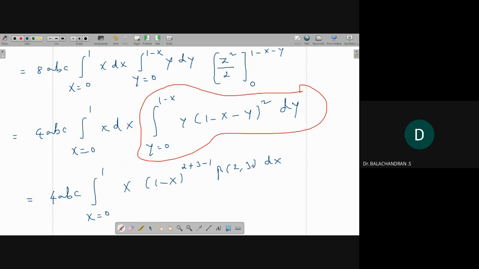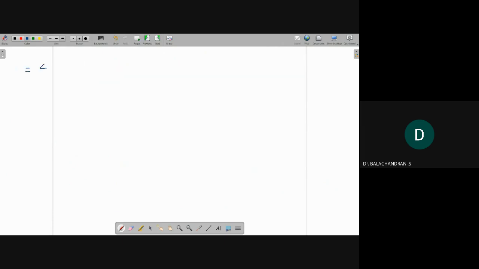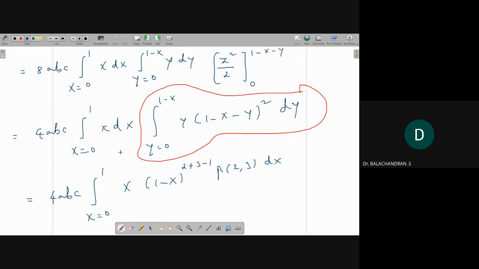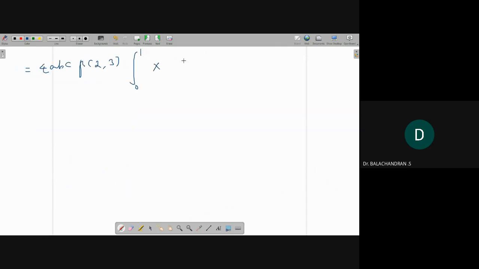So beta of 2 comma 3 is a constant. So 4ABC beta of 2 comma 3 integral 0 to 1 x into 1 minus x whole power 4 into dx.